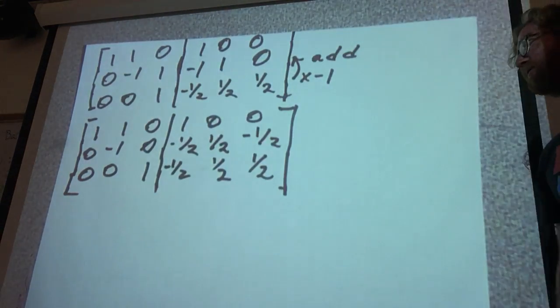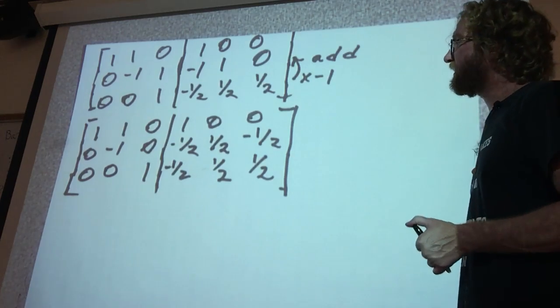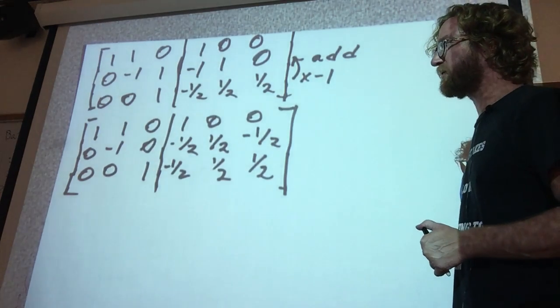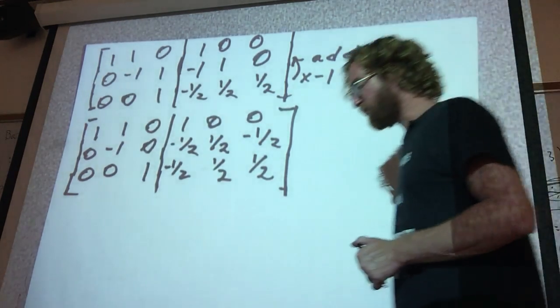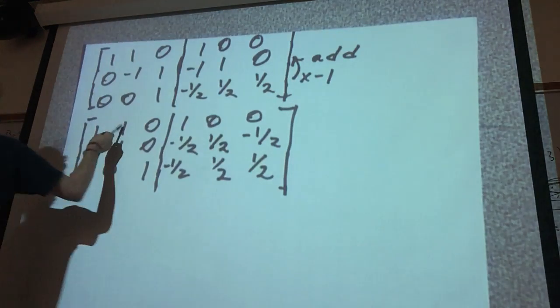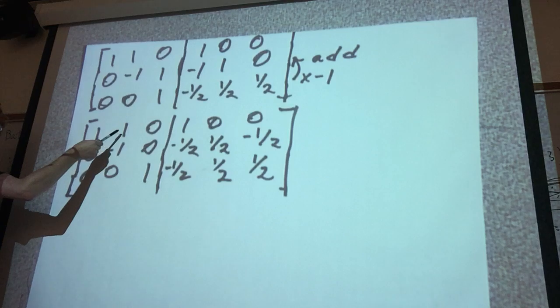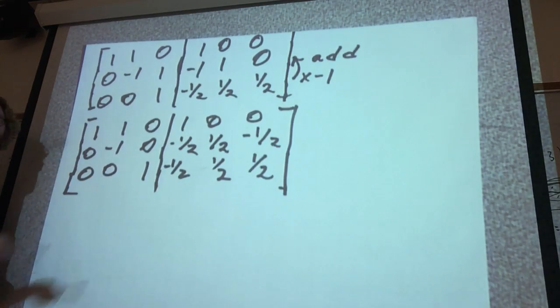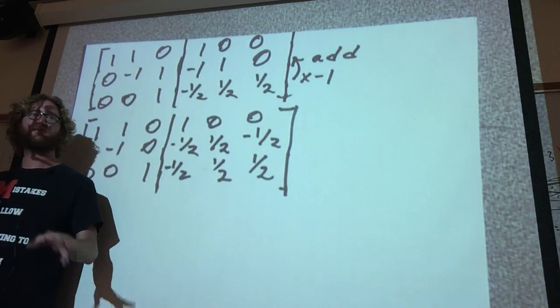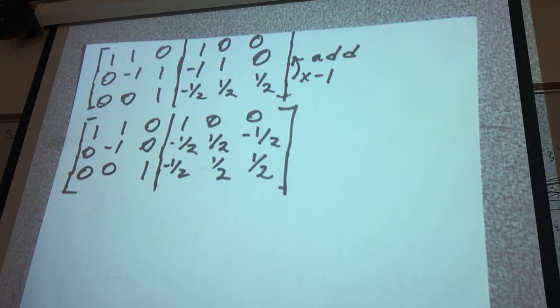Yeah, you can do that. But what we want to eliminate from this is this positive 1 right here. And now if I just take this row and add it to that one, it'll cancel it out. And then we can multiply by -1 afterwards.